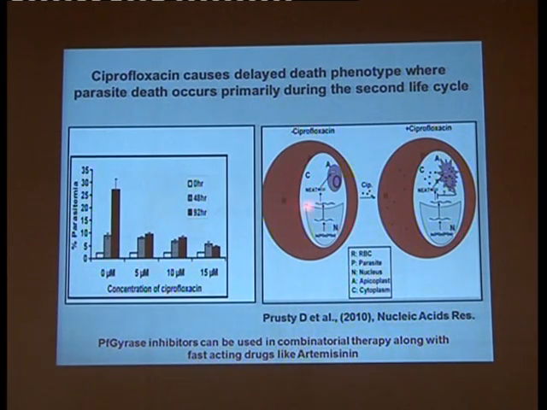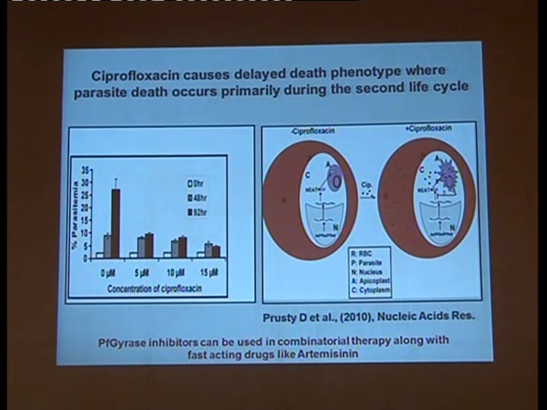The way it affects is through the apicoplast, and since the apicoplast is another organelle, it does not work in the first cycle. So it is working in the second cycle, and it's a slow-acting drug. And that's why we believe that it has the potential of being a good drug for combinatorial therapy. And why is that? Artemisinin is a very fast-acting drug.